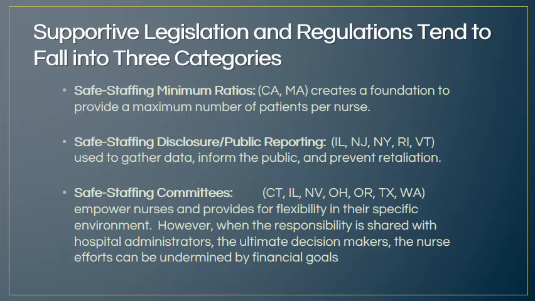Finally, safe staffing committees empower nurses and provide for flexibility in their specific environment. However, when the responsibility is shared with hospital administrators, the ultimate decision makers, the nurse efforts can be undermined by financial goals.